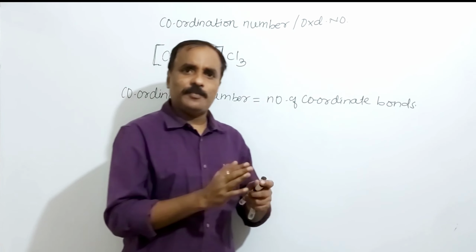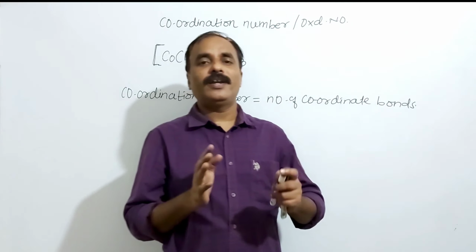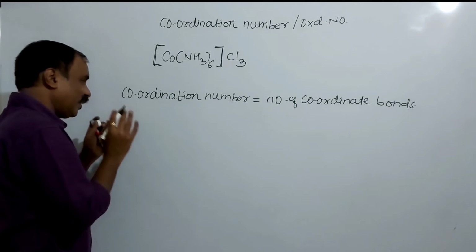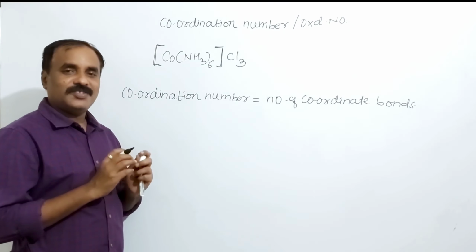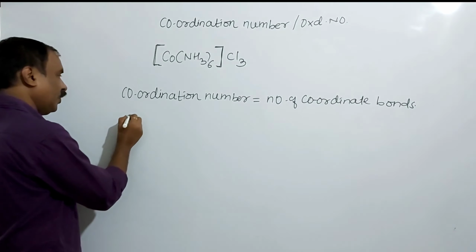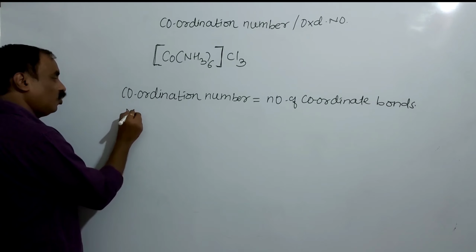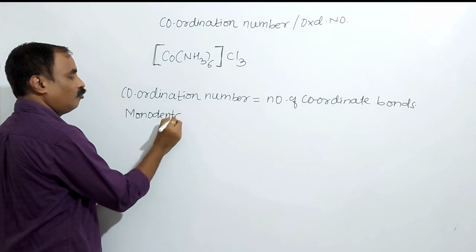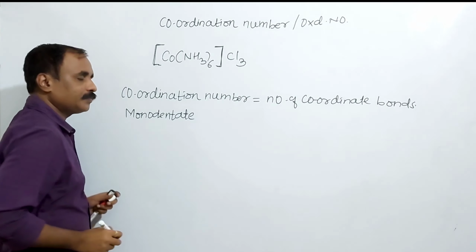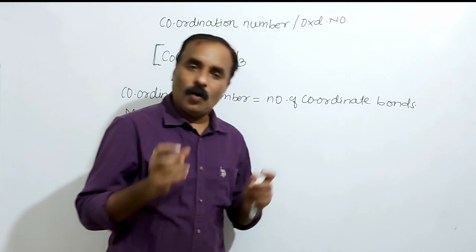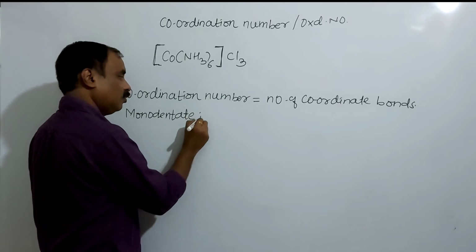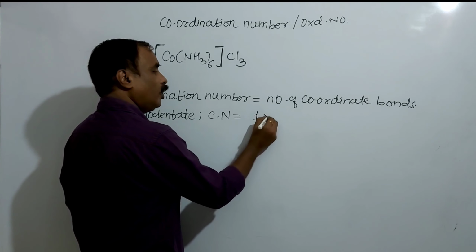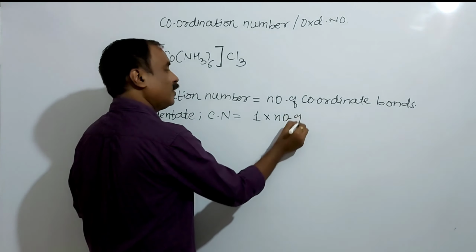We have seen different types of ligands: monodentate, polydentate, ambidentate. If ligands are monodentate, then how to find the coordination number? Coordination number is equal to 1 into number of ligands.